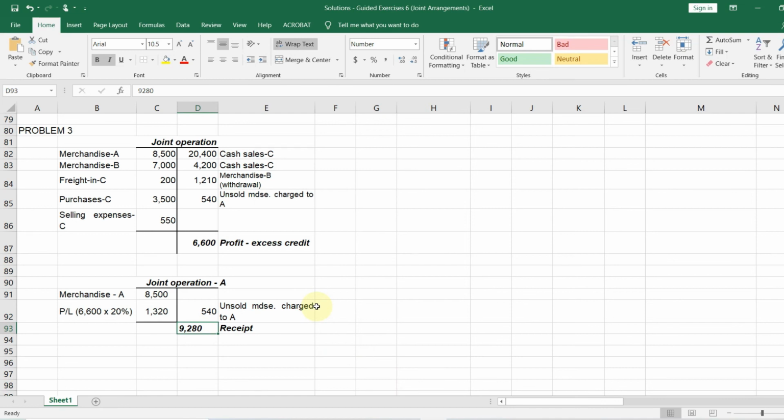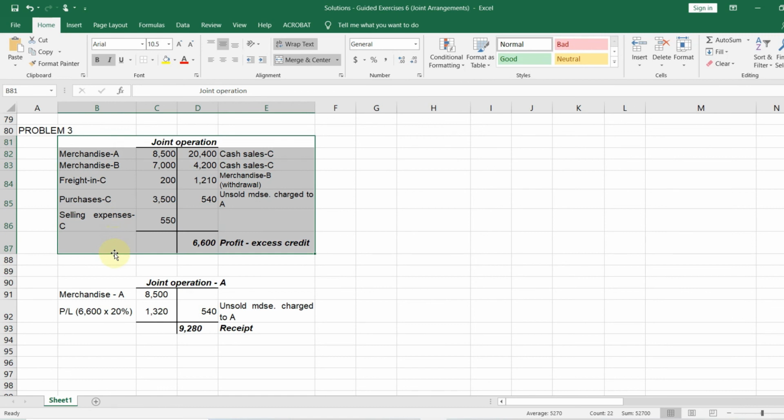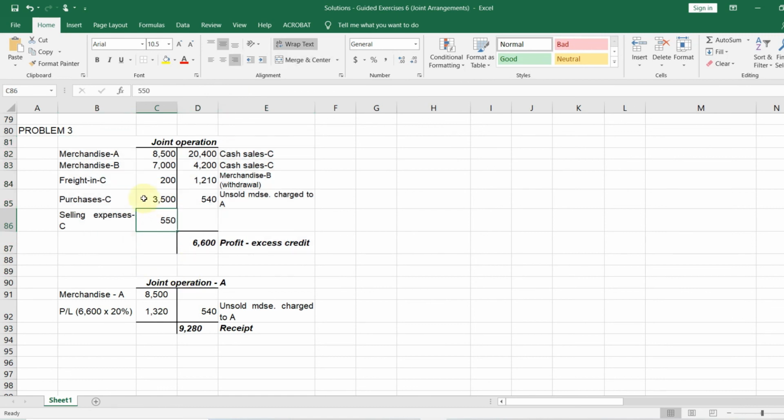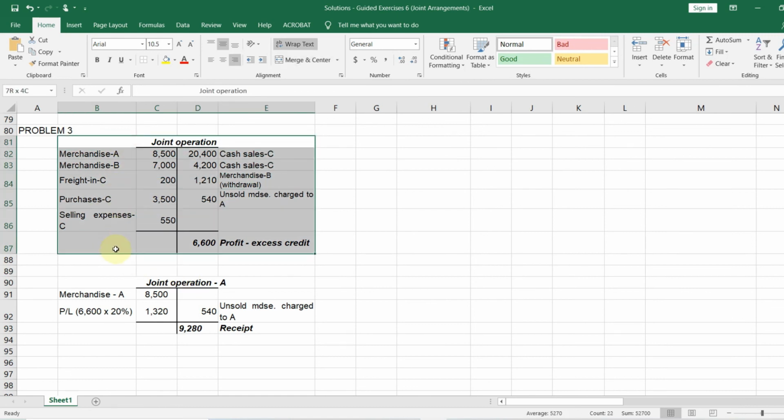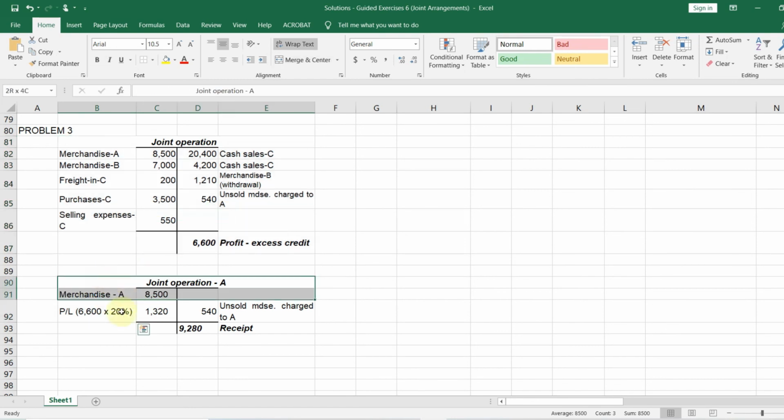Okay, so you can actually do the joint operation account by mining, yun ang ating term. Kukunin mo lang from the main joint operation T account, yung mga related sa joint operator na kinukomputan mo ng net receipt or magkano ba yung cash settlement nila.